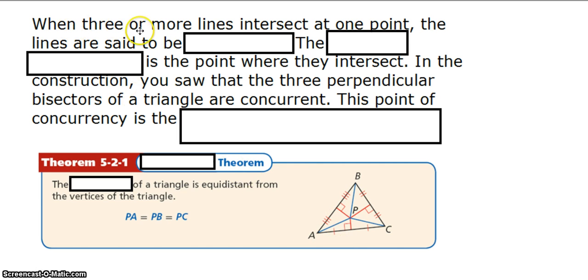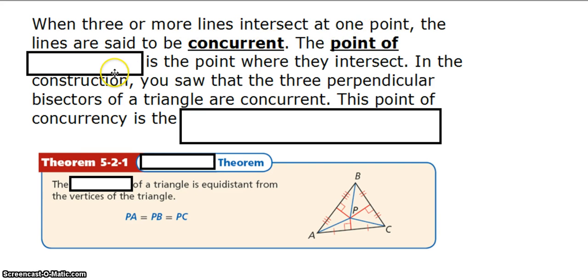So when three or more lines intersect at one point, those lines are said to be concurrent, sharing that point. So we have this prefix con, concurrent, sharing the point in this case. The point of concurrency is the point where they intersect.